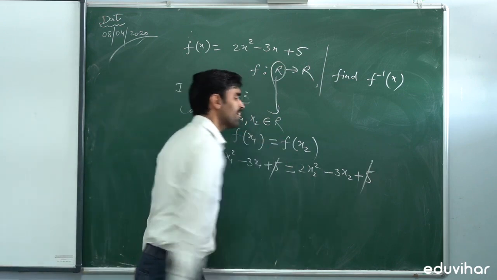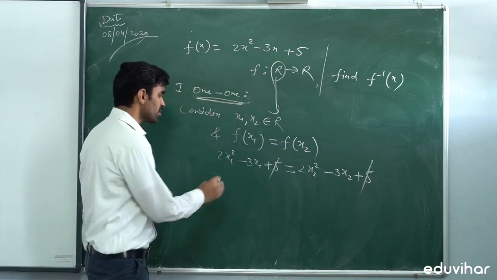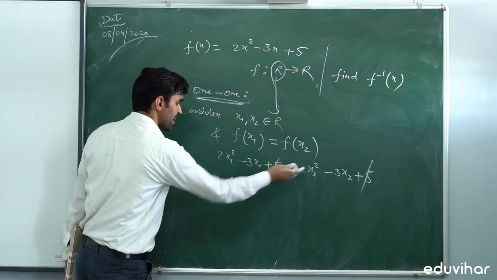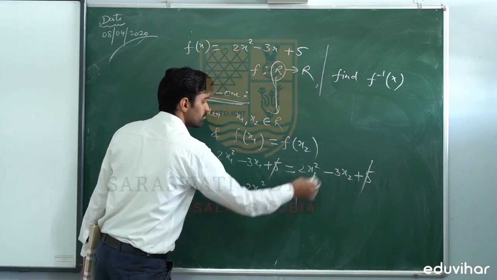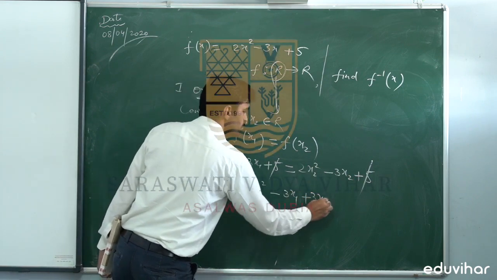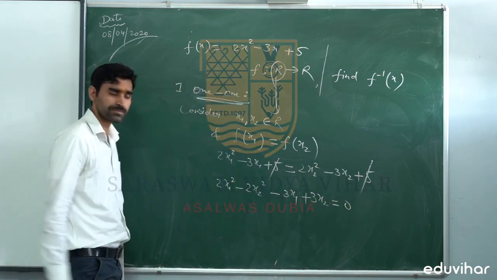Here 5 cancels out. We get 2x1² - 2x2² - 3x1 + 3x2 = 0.